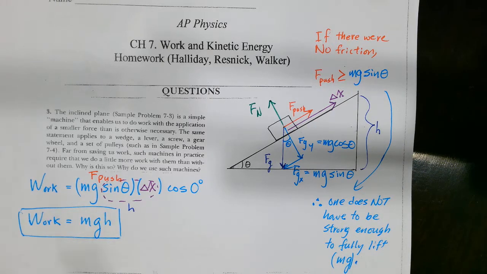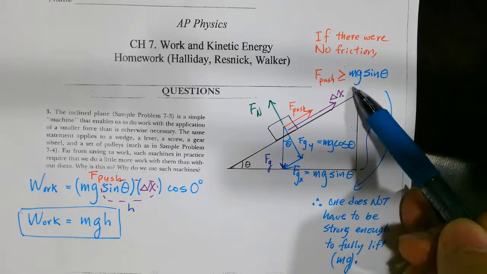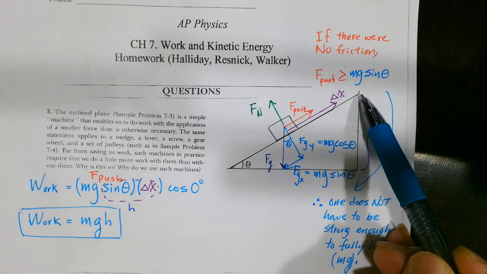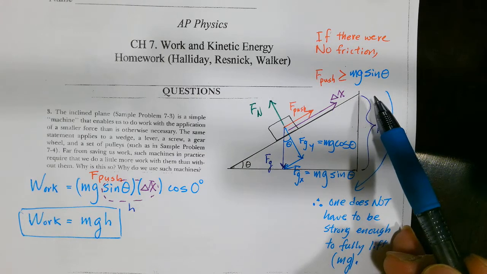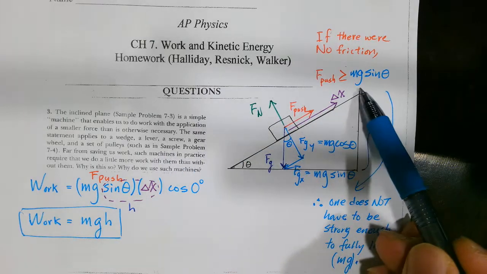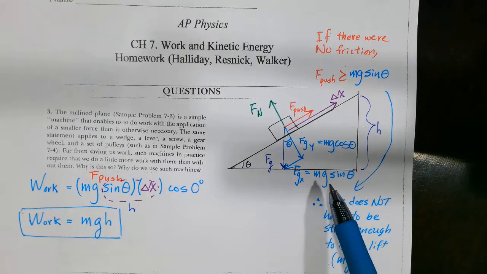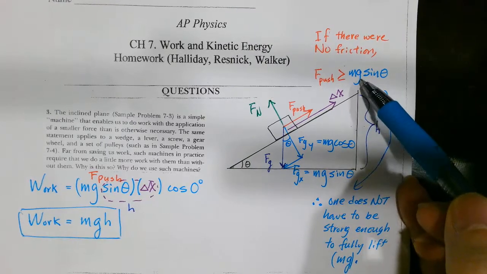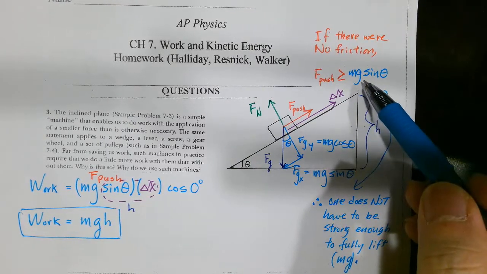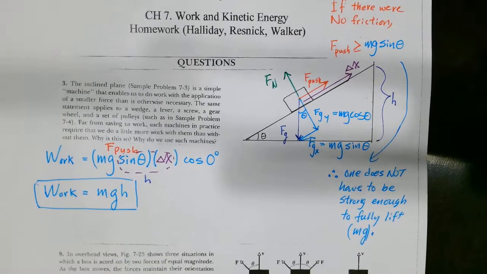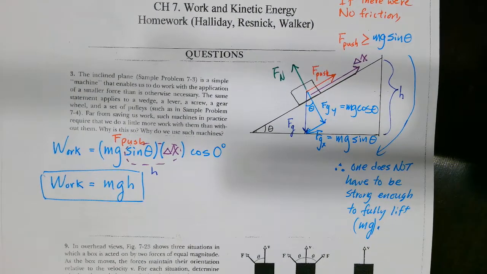So no matter how you look at it, whether you lift it straight up or travel a long distance to get it up there, you're doing the same amount of work, except if you're going a long distance, you don't have to use as much force to bring it to the same height. However, if you're going straight up, you have to use a tremendous amount of force to go the short distance h. All right, so hopefully you can see that.